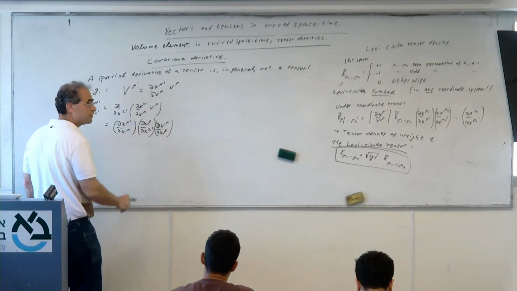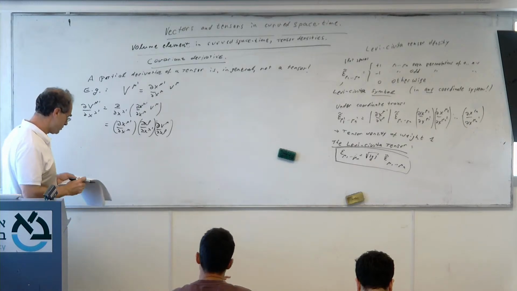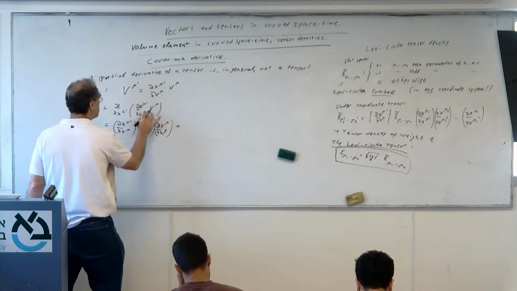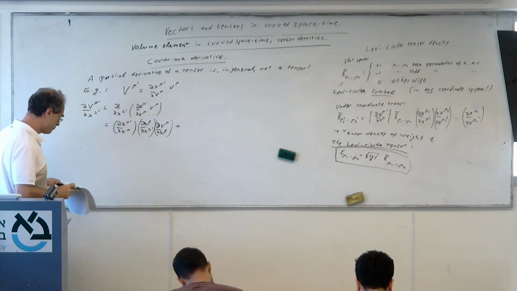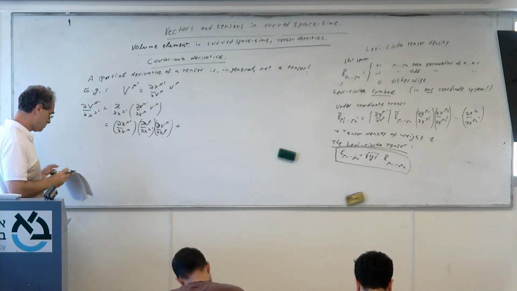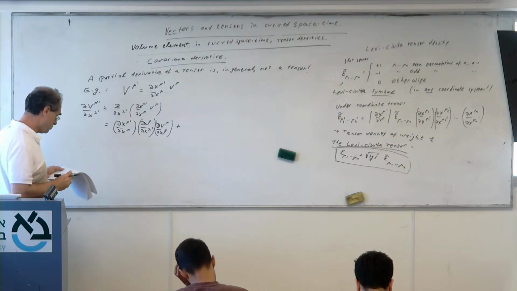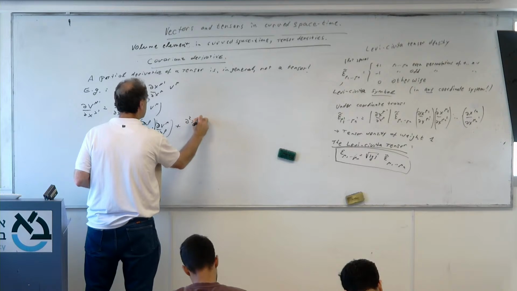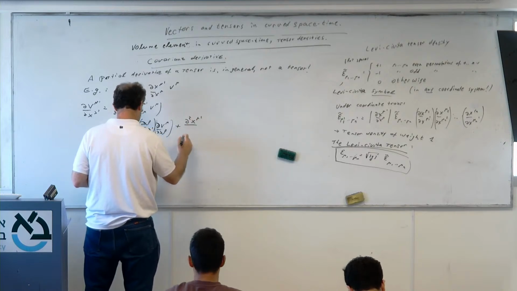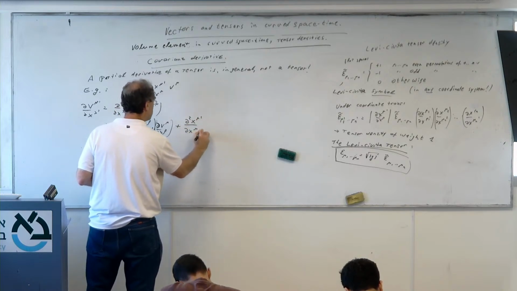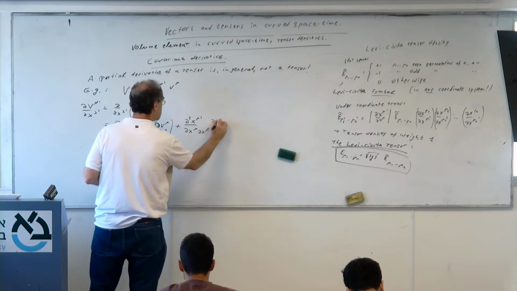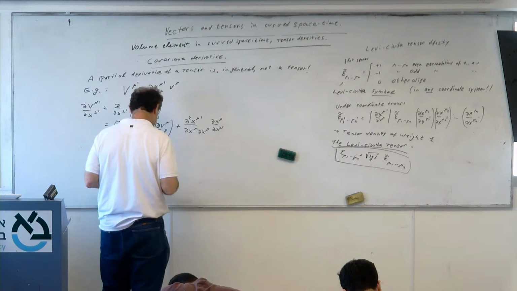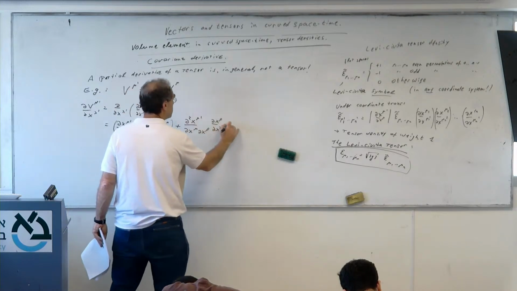And I have to take the derivative of the first term, of this term here. So this will be ∂²x^μ'/∂x^μ∂x^ρ ∂x^ρ/∂x^λ' times v.